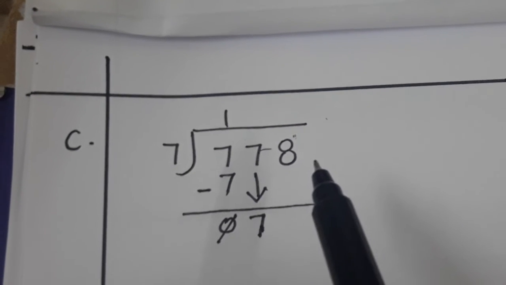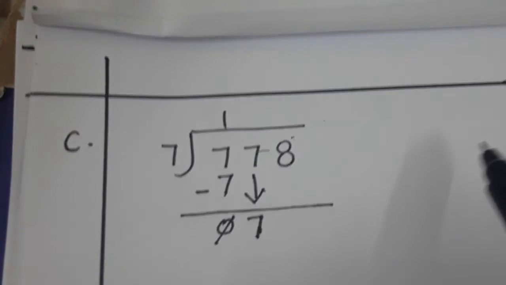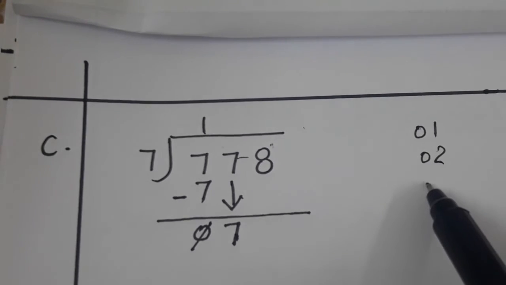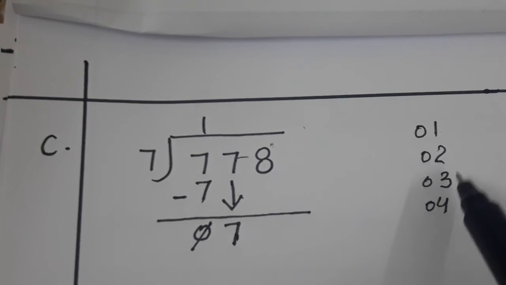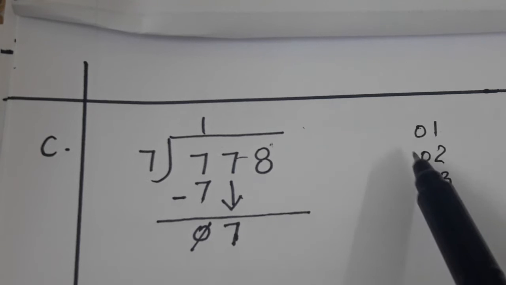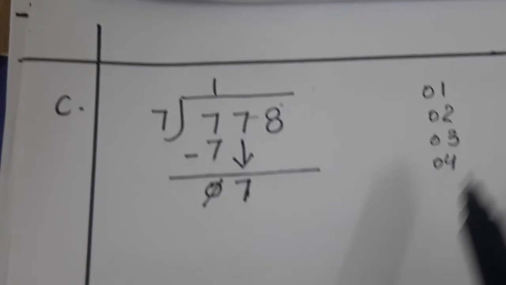As if you write like this: 0 1, 0 2, 0 3, 0 4, but this number is only 1 2 3 4.